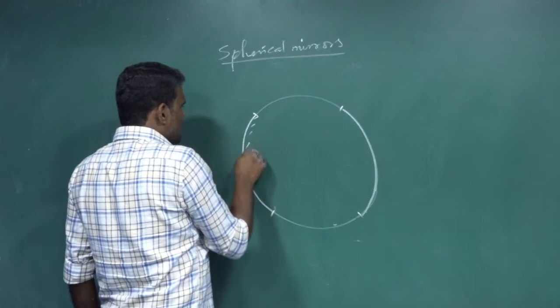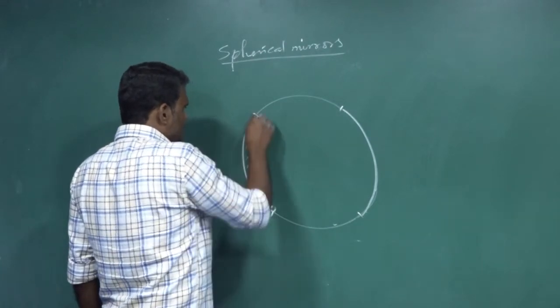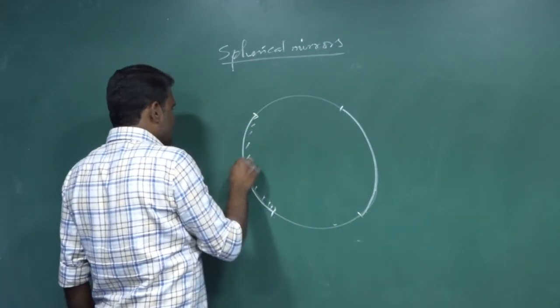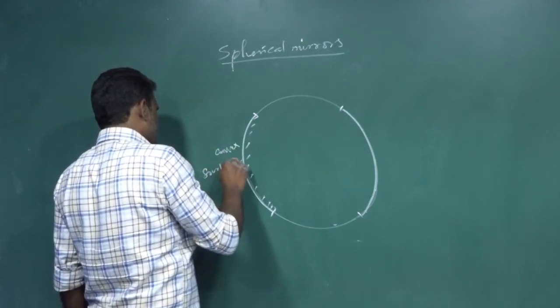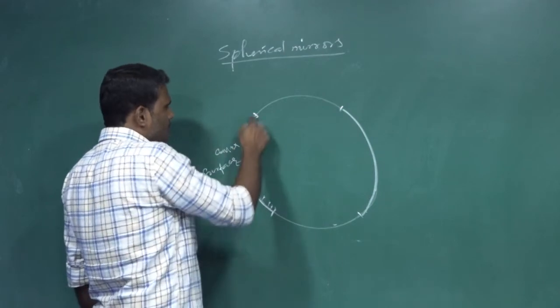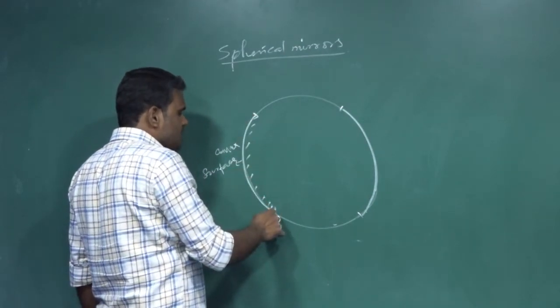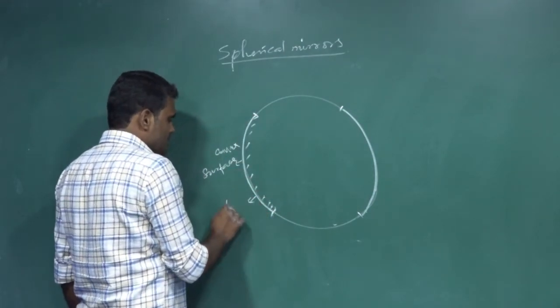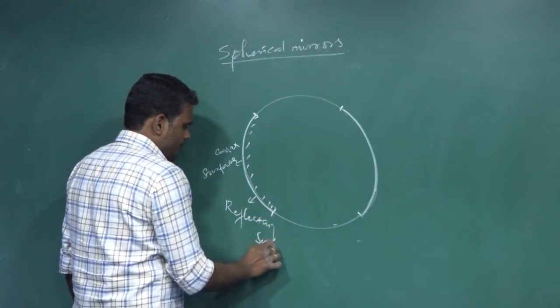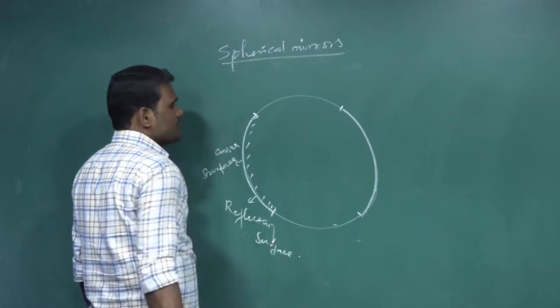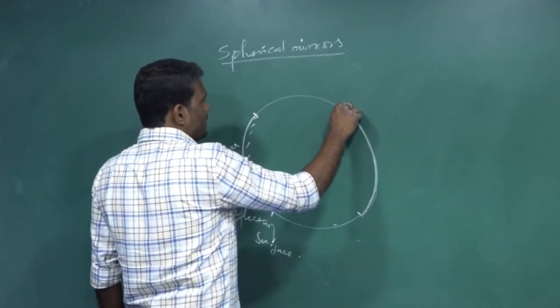When the inner surface is polished, then this surface acts as a convex surface. Because this is the reflecting surface here.